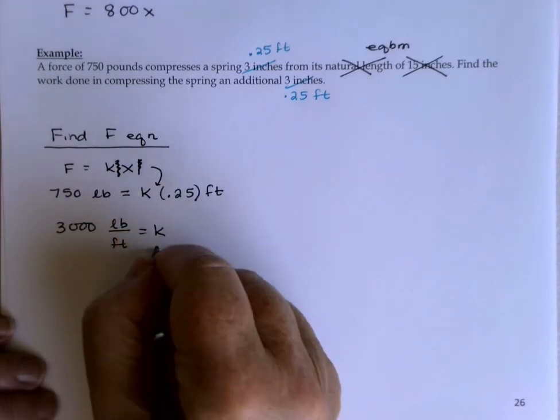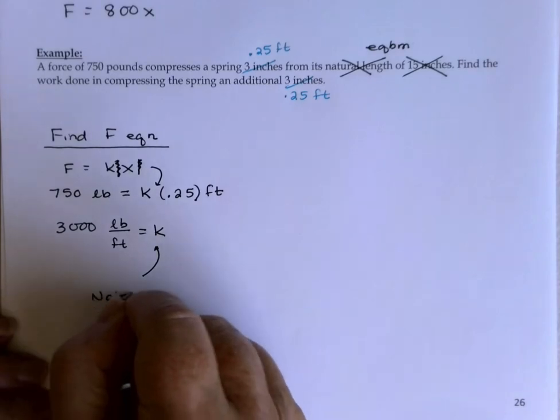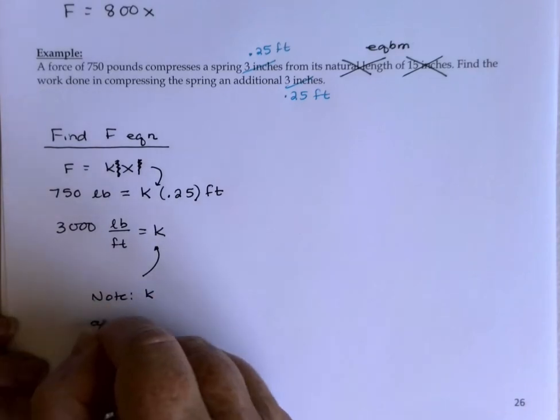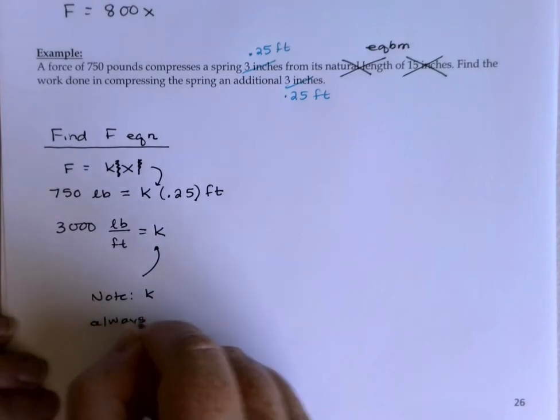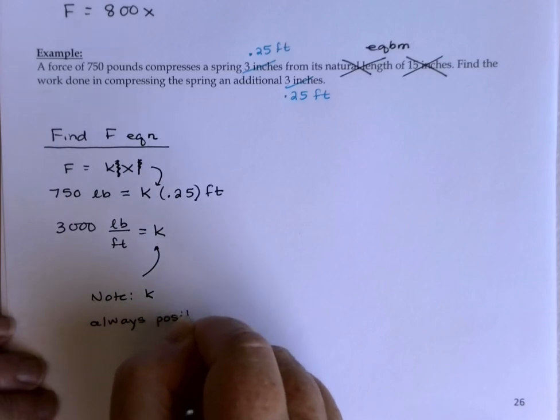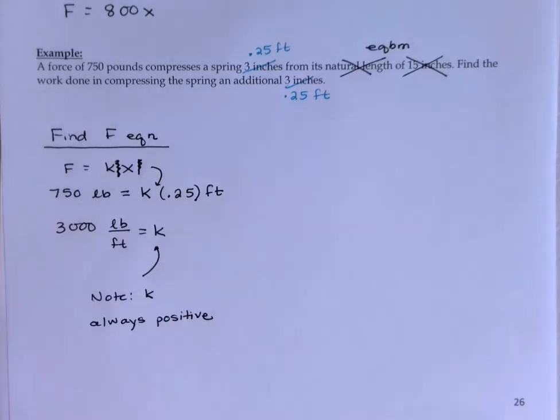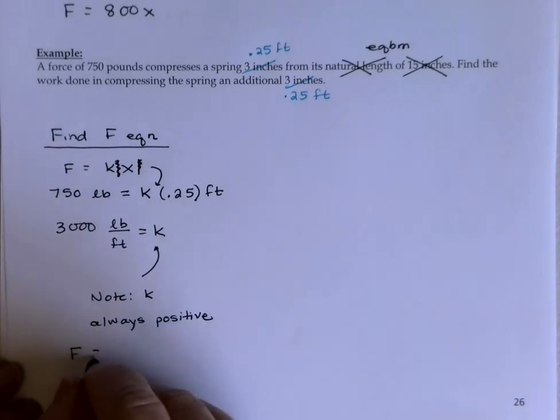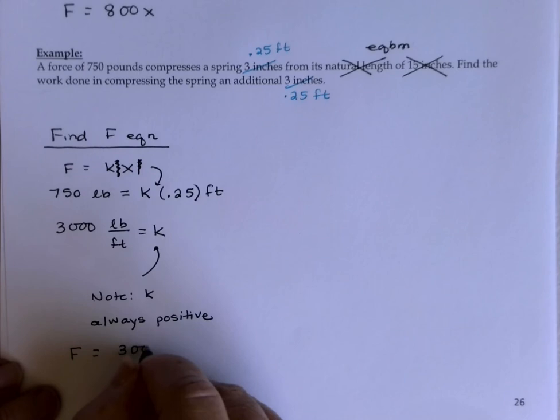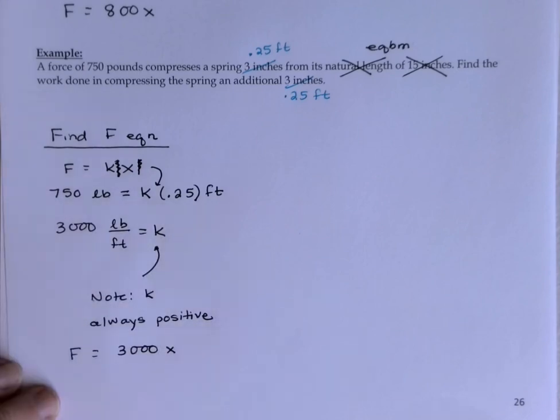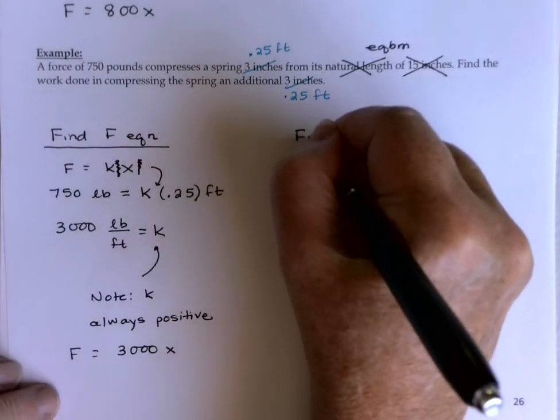I'll just make that note: k always positive. Okay, that means my force equation is going to be 3,000x, and I'm ready to find the work.